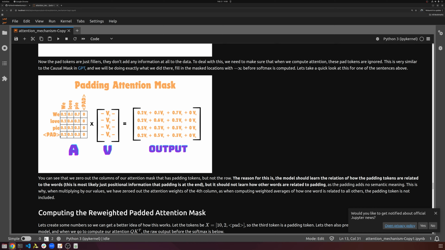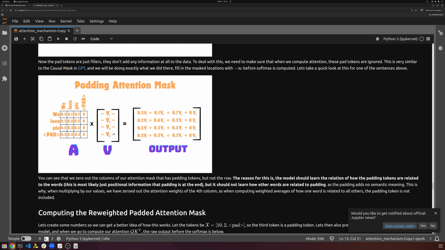So effectively, in our attention matrix, we want to zero out the columns that correspond to every pad token. And the reason this works out is that we are going to weight it: 0.2 times V1 plus 0.1 times V2 plus 0.7 times V3 plus 0 times V4. Remember, V4 goes with the corresponding pad token, because the pad token is the fourth token.